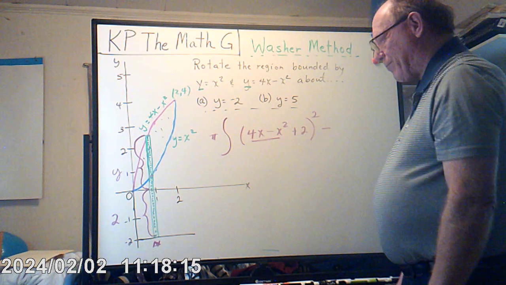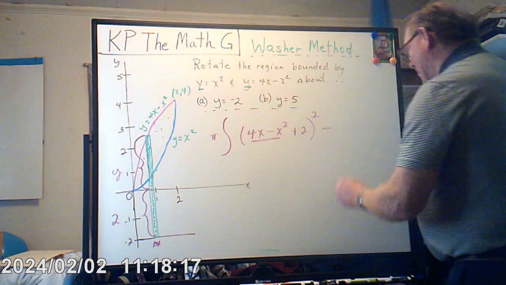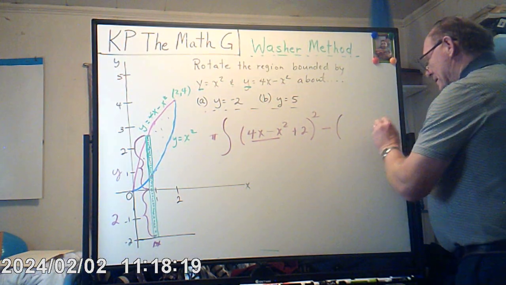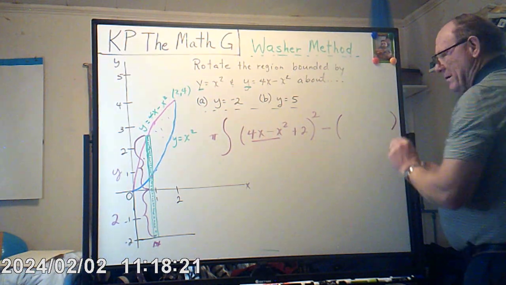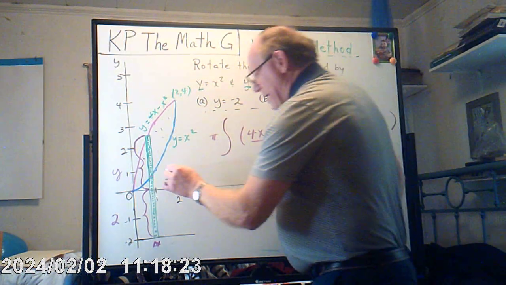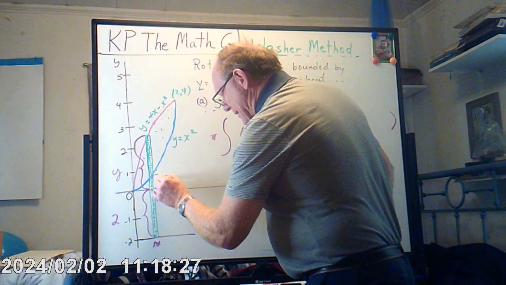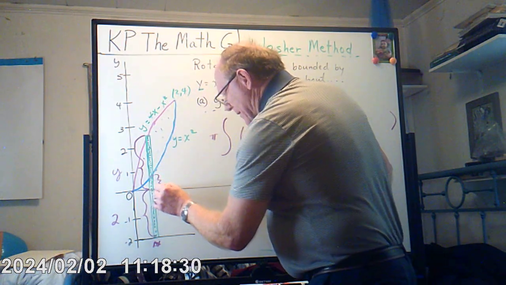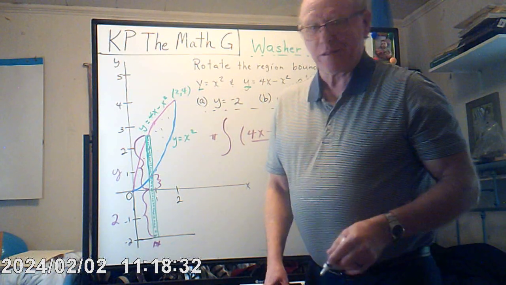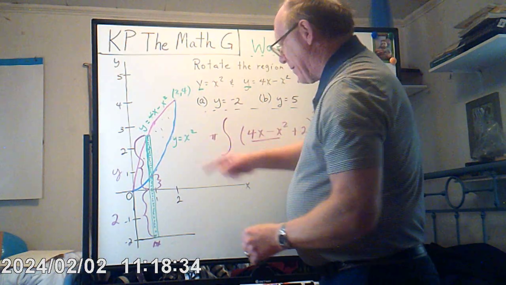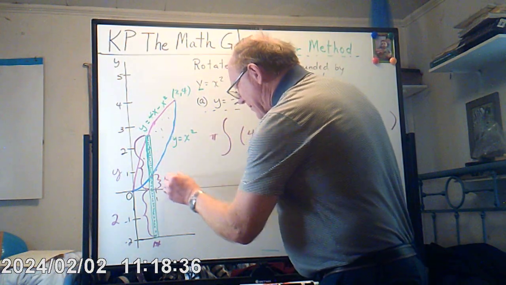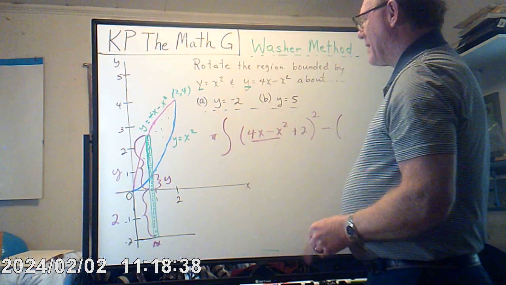So let's figure out what this is. How high, we already know this is 2. Well, how high is this? KP the Math G, you already said this was y. Well, yeah, this one's y too, but it's not the same y, is it?